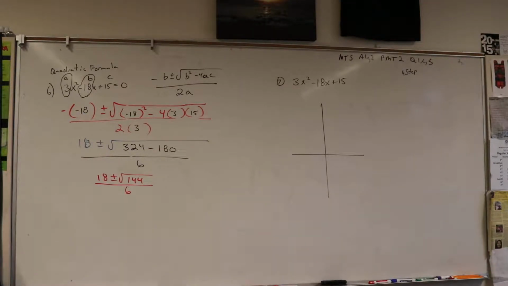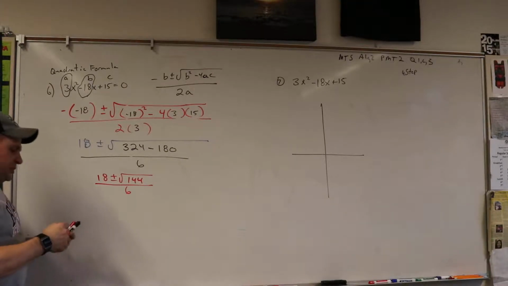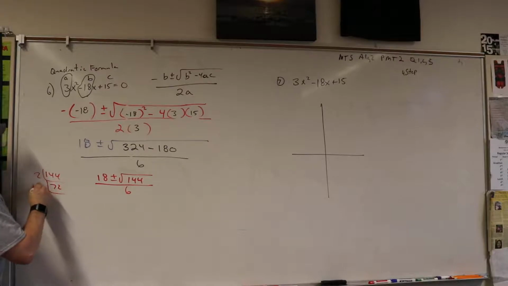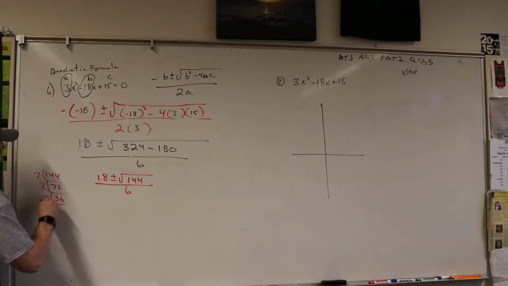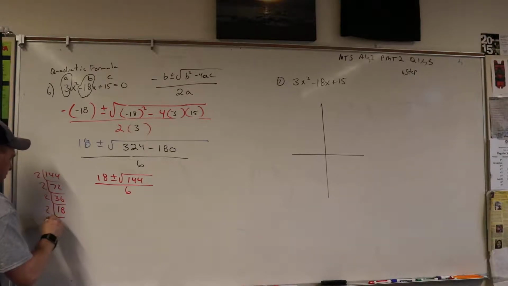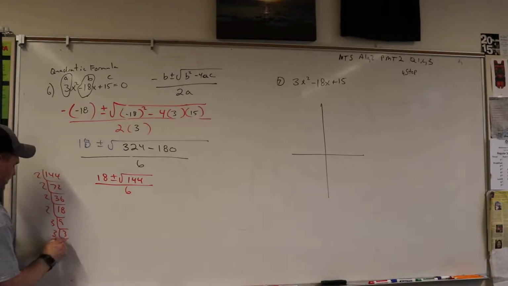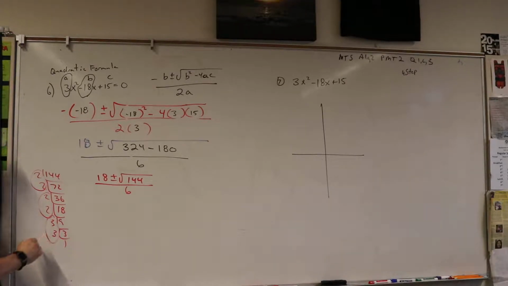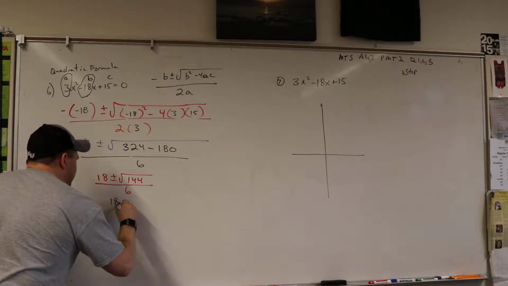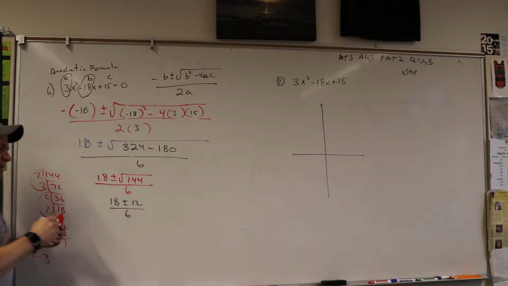You should know 144 is 12, but remember, you can always break it down: 2 is 72, 2 is 36, 2 is 18, 2 is 9, 3 is 3, 3 is 1. You pull out your pairs, so it's 2 times 2 times 3, which is 12, right? So again, this is 18 plus or minus 12 over 6.